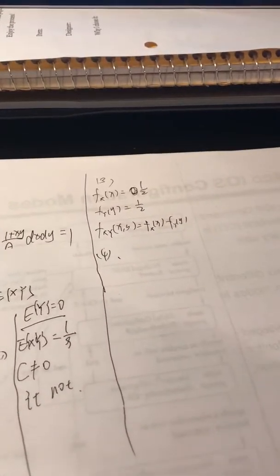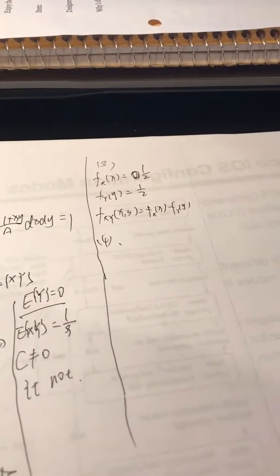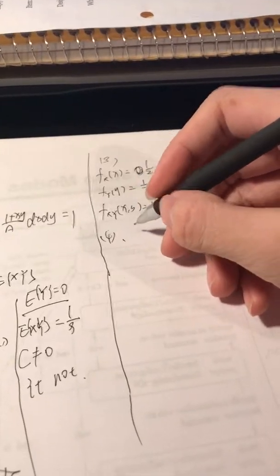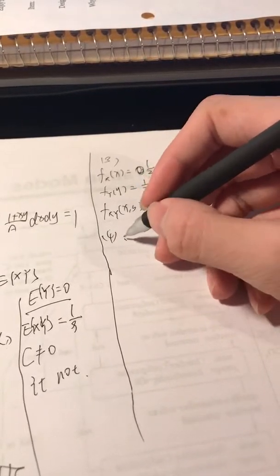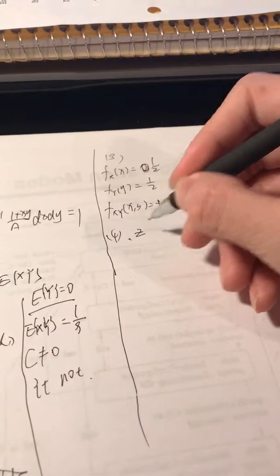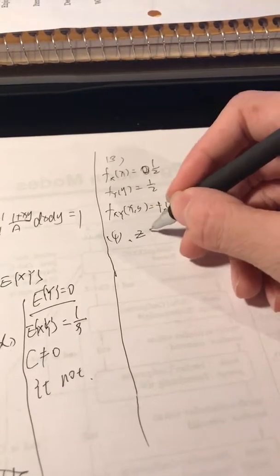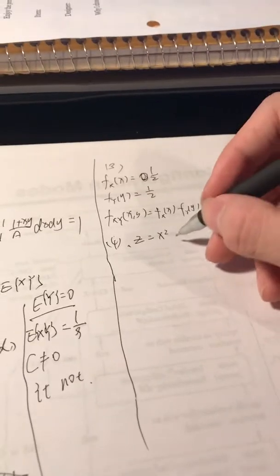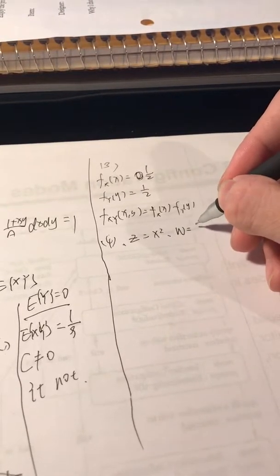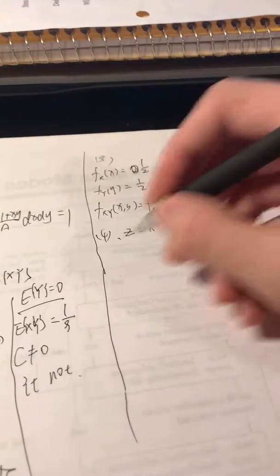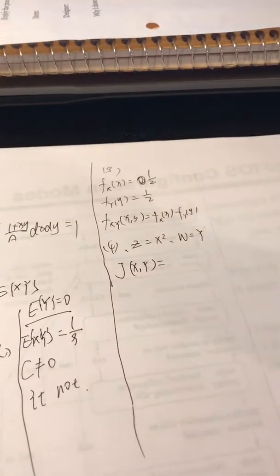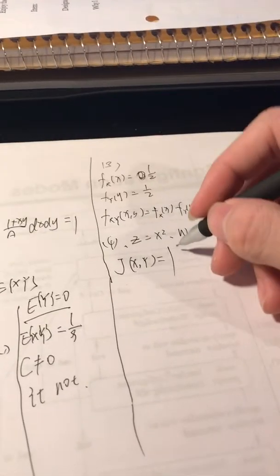Question 4. Find the joint density function of the square of X and the square of Y. Now assume that Z is equal to the square of X, and W is equal to the square of Y. So we can find the Jacobian J(x,y).